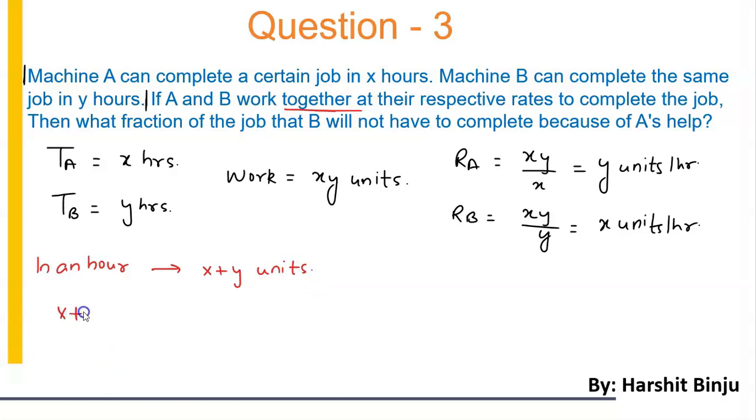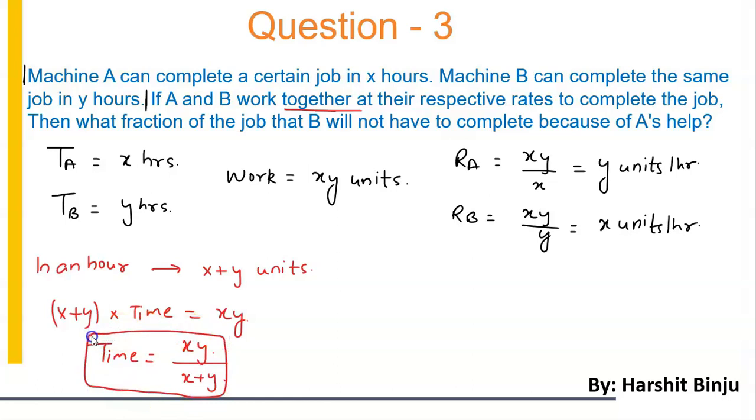So X plus Y units multiplied by time taken will be equal to total work, which is XY. So the time taken by them to finish the work when they both are working together will be equal to XY divided by X plus Y. This will be the time taken, right?